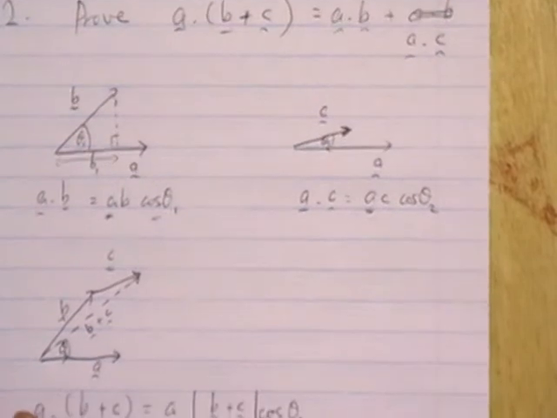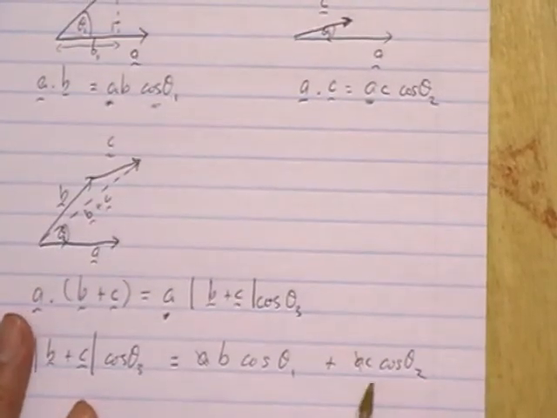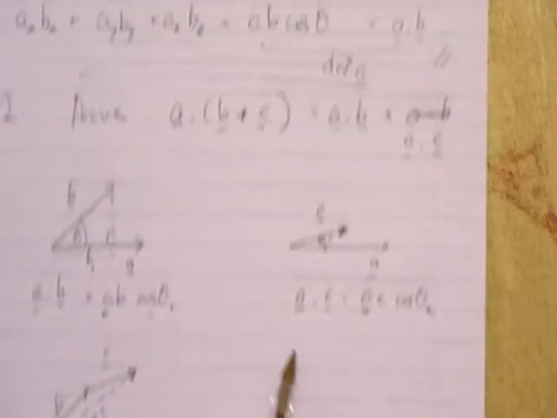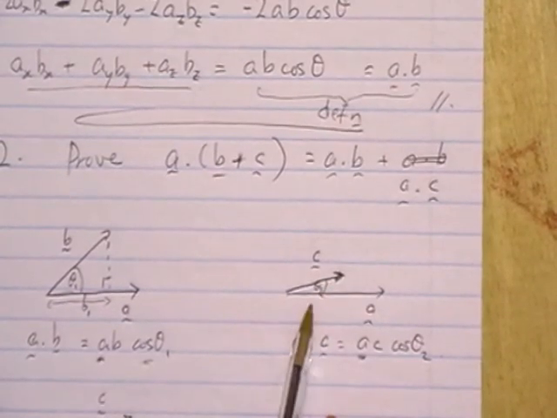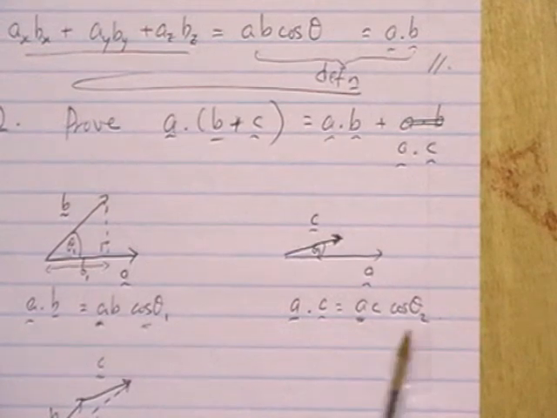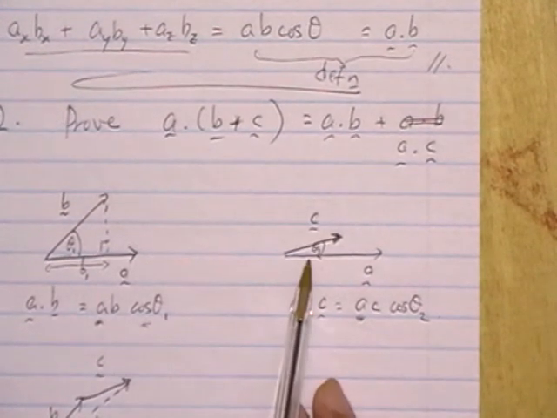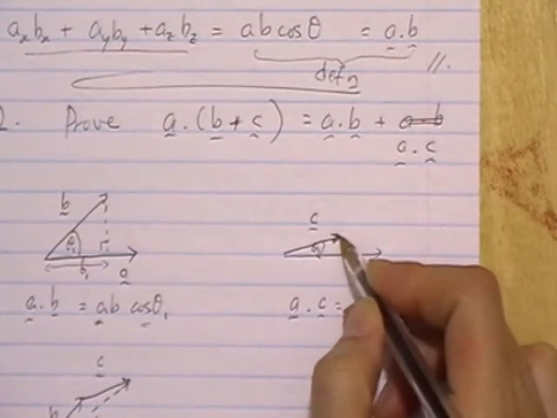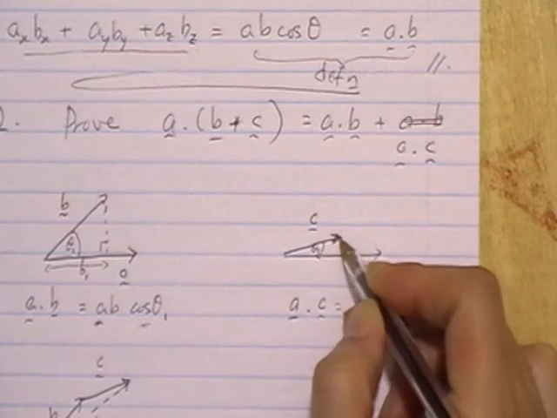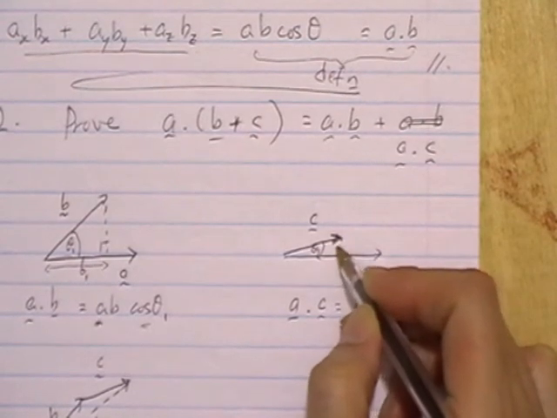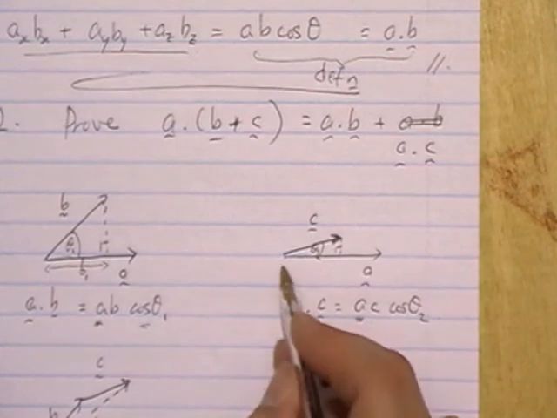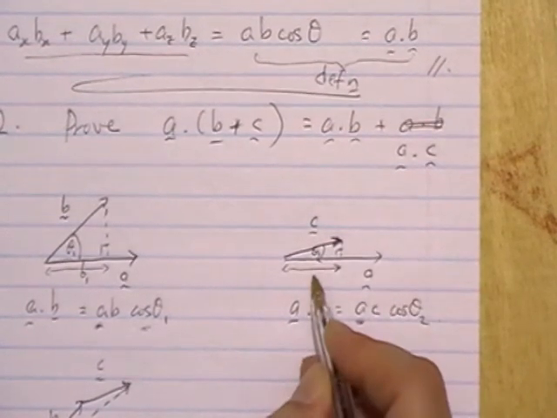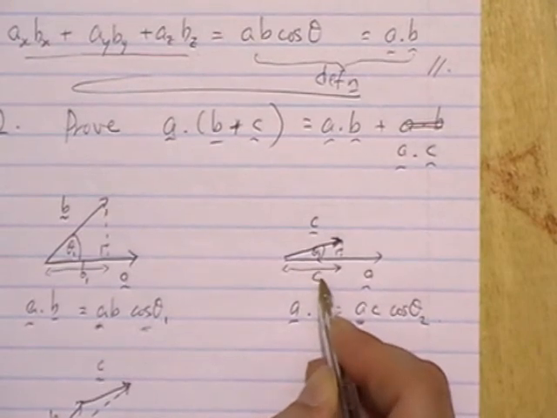And C cosine theta 2, down here, which we also have here. We can likewise relate it using a right-angled triangle to this length along A. I'll call that C1.